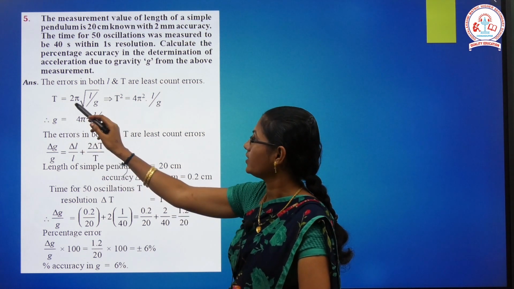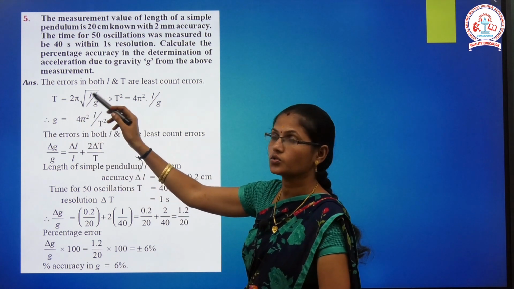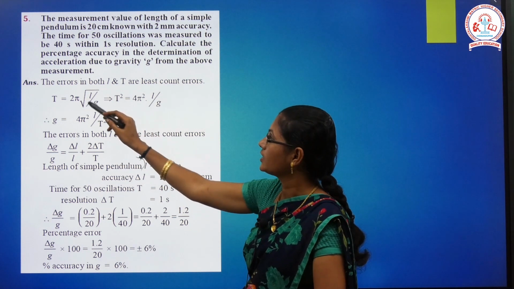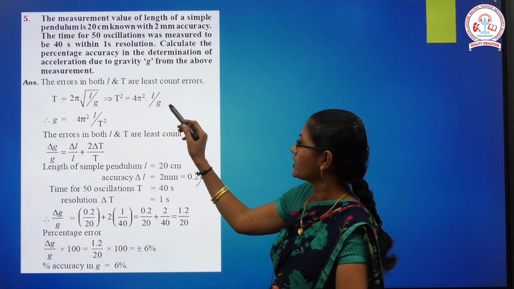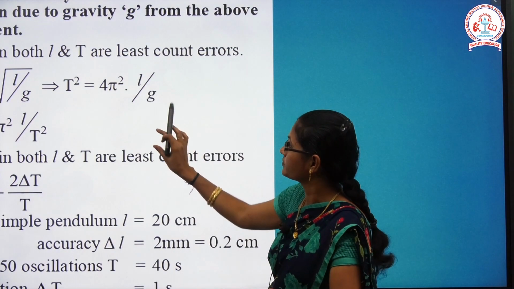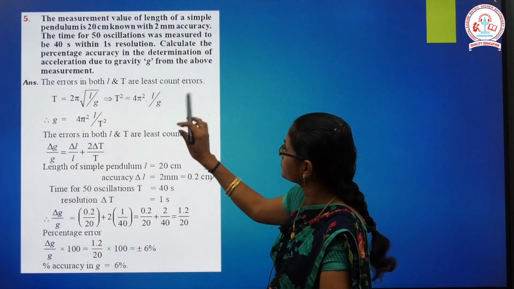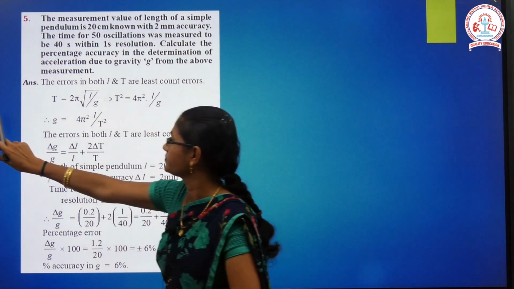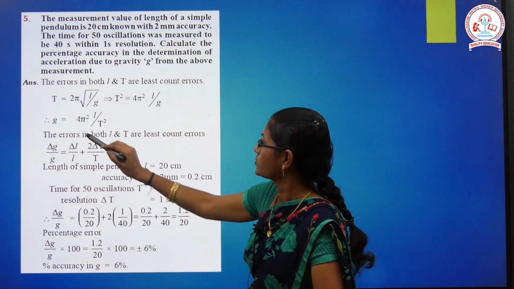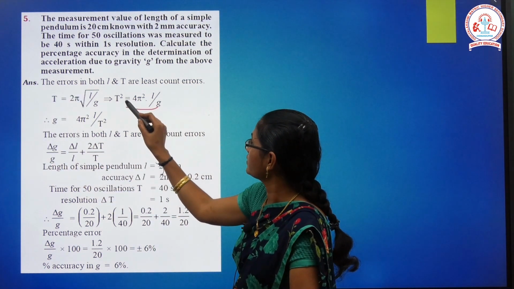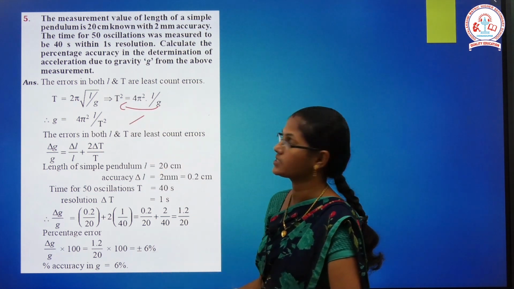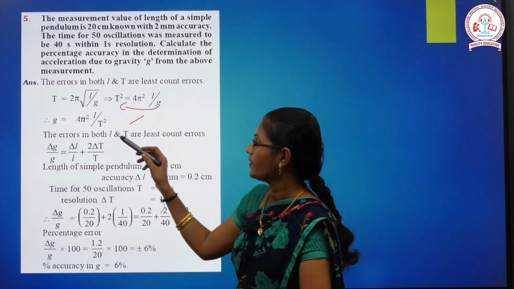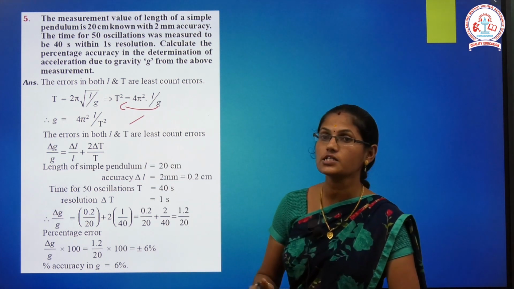So T square is equal to 4 pi square, the root gets cancelled, times L by g. g we have to find, so g is equal to 4 pi square L by T square.